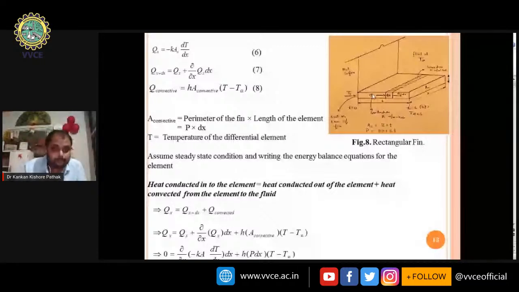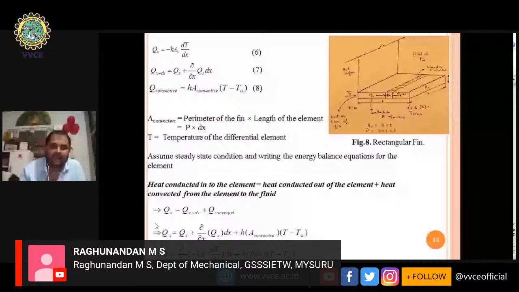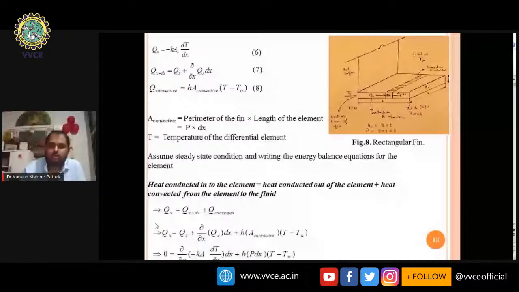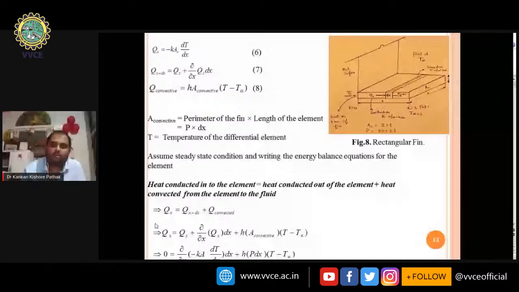Now if you assume steady state condition, that means no change with time, and write the energy balance equation for the element, then heat conduction in equals heat conduction out plus heat convection. So qx is the amount of heat conducted to the element, and it goes out from the element, and some amount is lost by convection.